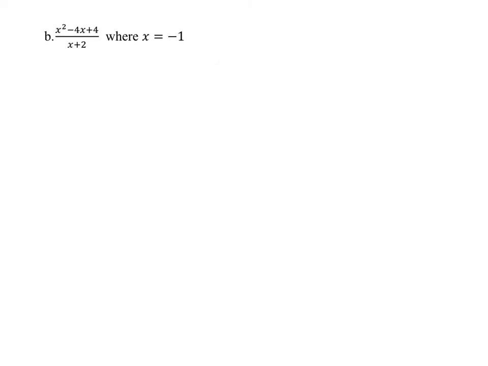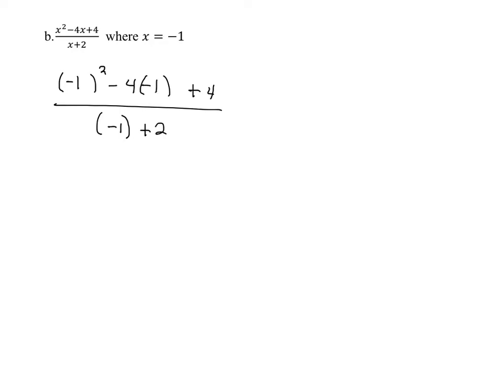Let's do another one. This time I'm putting in -1 for x. So again, I'm going to do my nutshell thing, and stick in -1. I got a little ahead of myself. Everywhere I see a nutshell. -1 squared is just +1 because -1 times -1 is a +1.